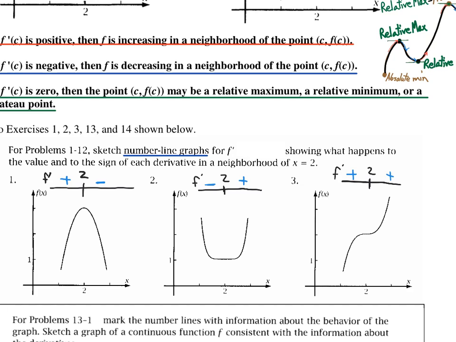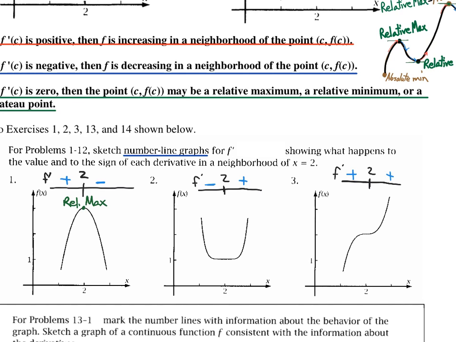Alright, take a look up here, guys. All 3 different cases. If we're changing from positive to negative, what do we have at that point? A relative maximum. Okay? This is a relative maximum. Okay?